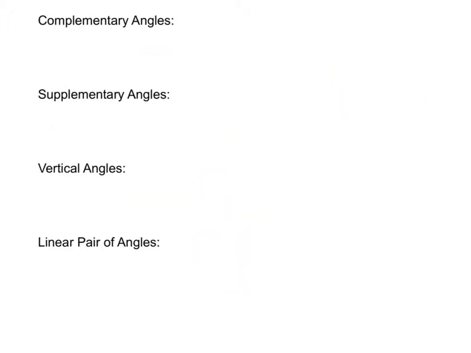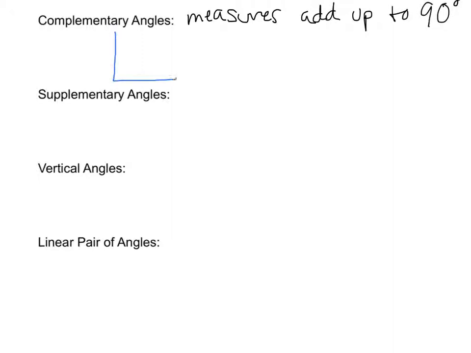Complementary angles are two angles whose measures add up to 90 degrees. So if we have a right angle, then the two angles within it would add up. Or if we have two angles, and say one of them is 70 degrees and the other is 20, then they would be complementary as well.